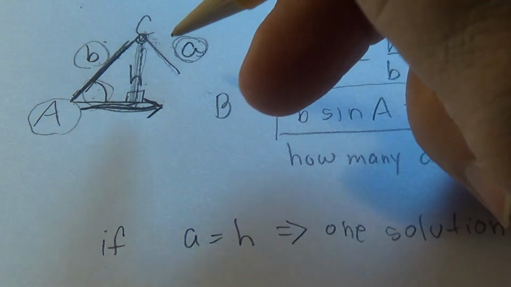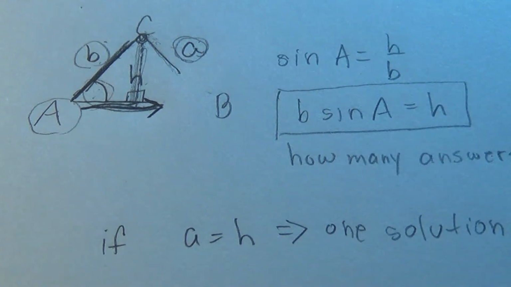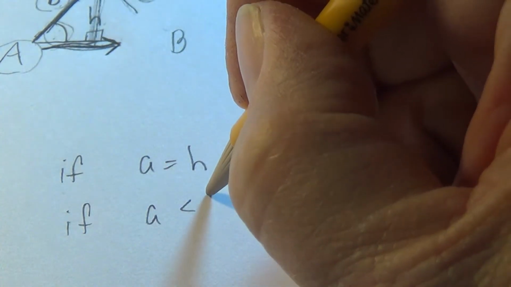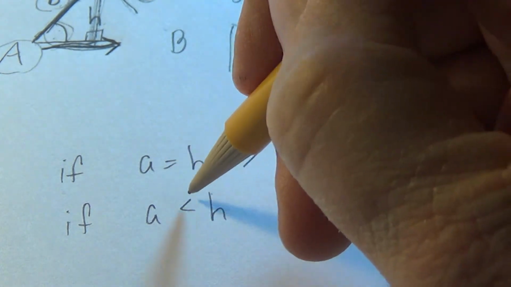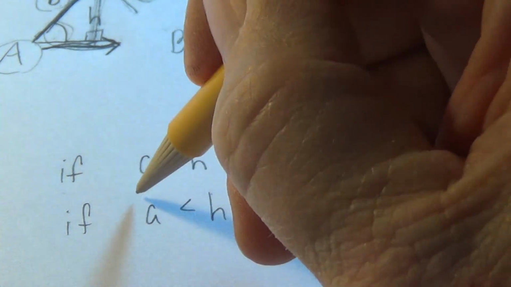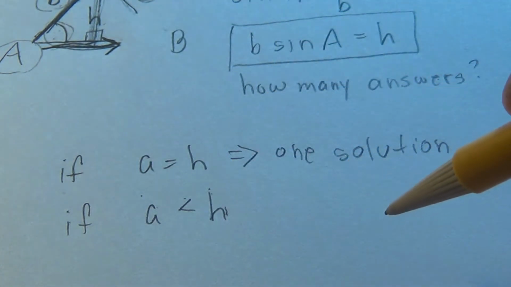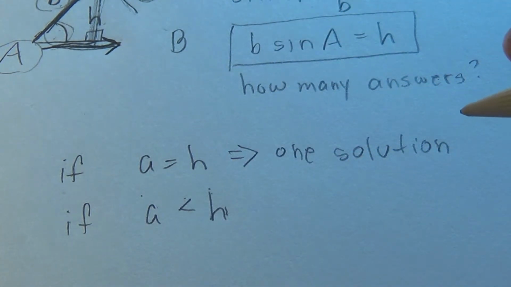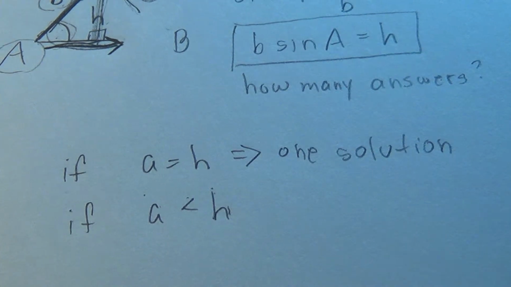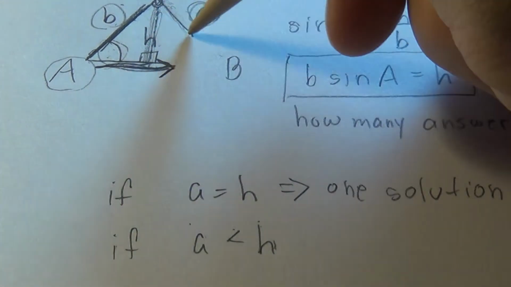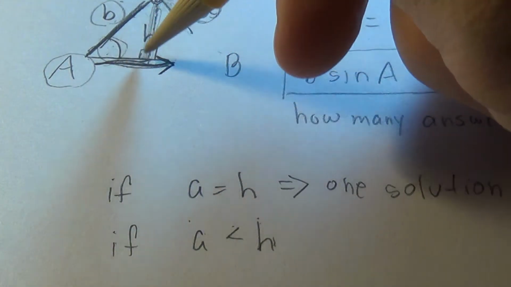However, it might not work that way. Maybe side A is less than the length of height H. So if that's the case, this side here is less than this.